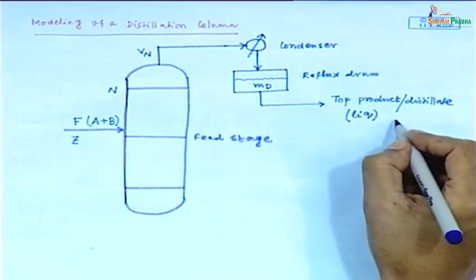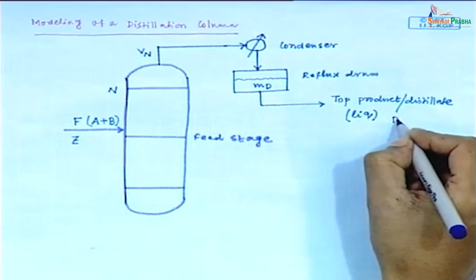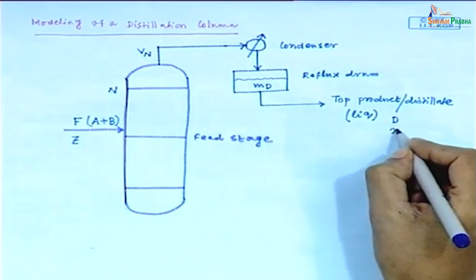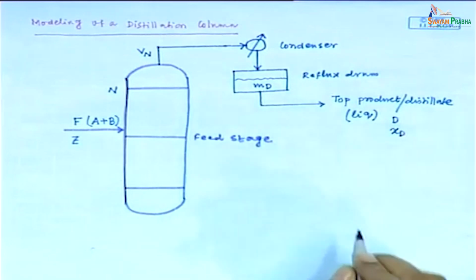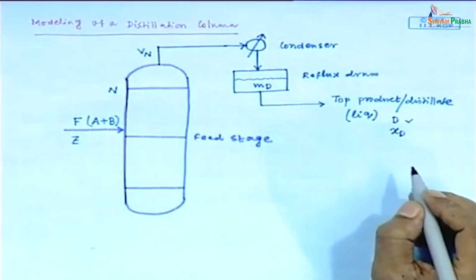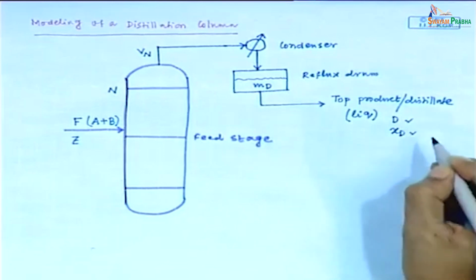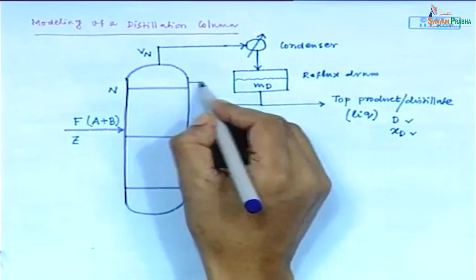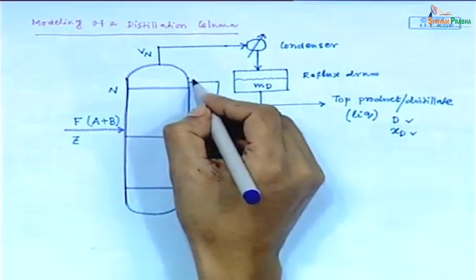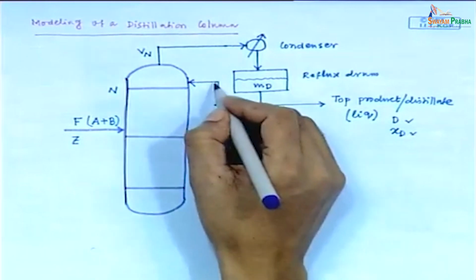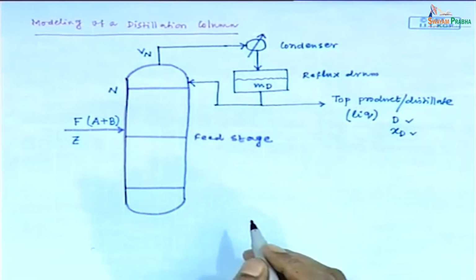Now, we will assume the flow rate of this distillate is D and composition is X suffix D. A fraction of this accumulated liquid is recycled back to the top tray.